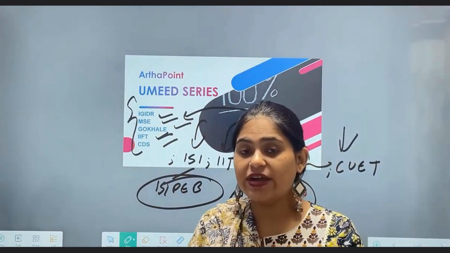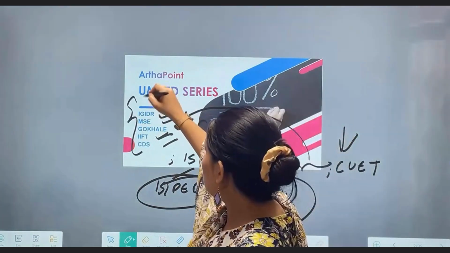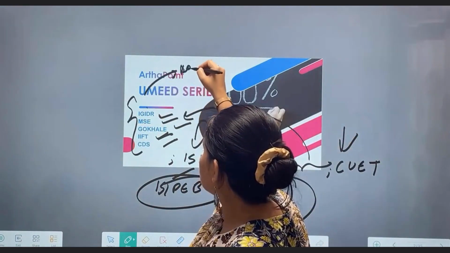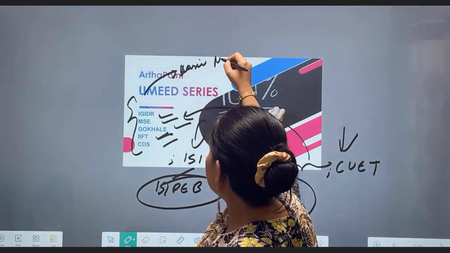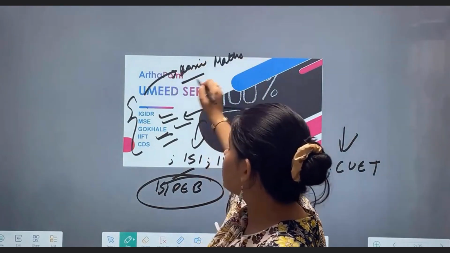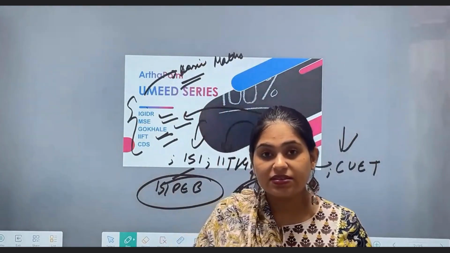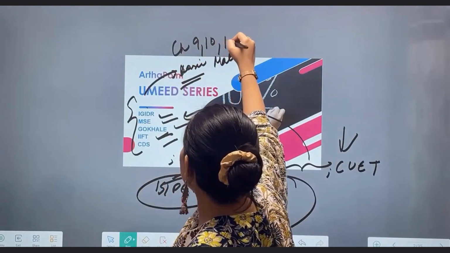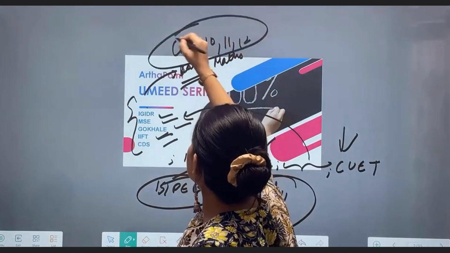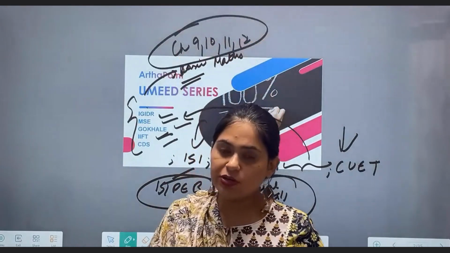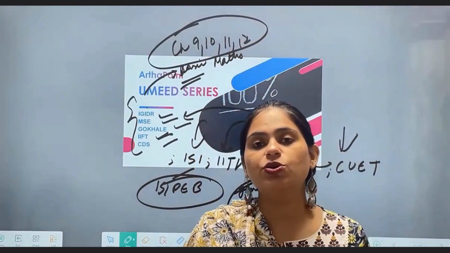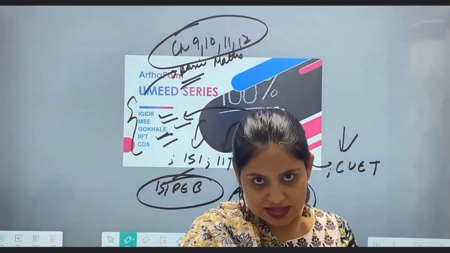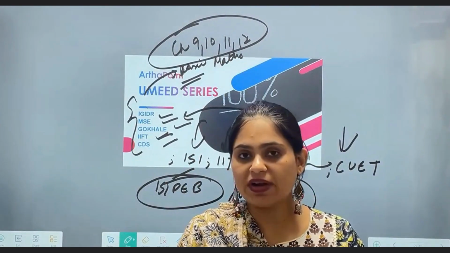Within IGIDR, by the way, you will also be asked to do basic maths questions, right? And when I talk about this basic maths, this is class 9th, 10th, 11th and 12th maths. You already know I am doing a series with you where I am trying to cover class 11th maths during Mondays.